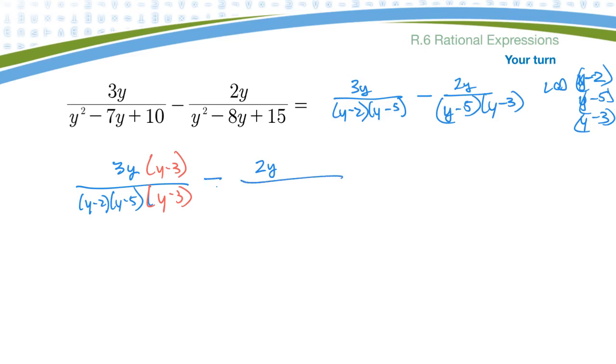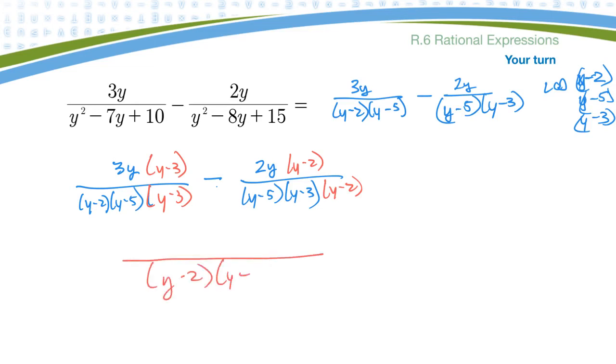Minus 2y over y minus 5, y minus 3, and the thing that's different is a y minus 2. Y minus 2. Good. Now you have a common denominator. I can write it. Y minus 2, y minus 5, y minus 3.